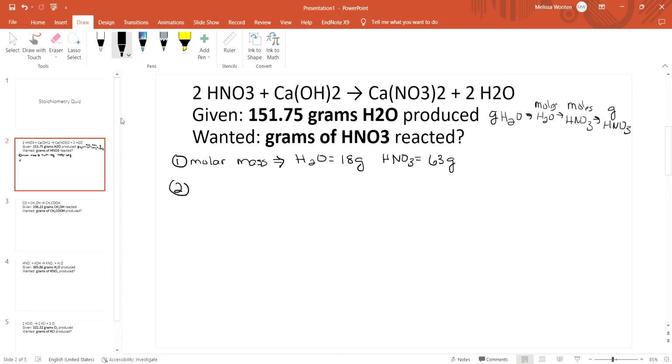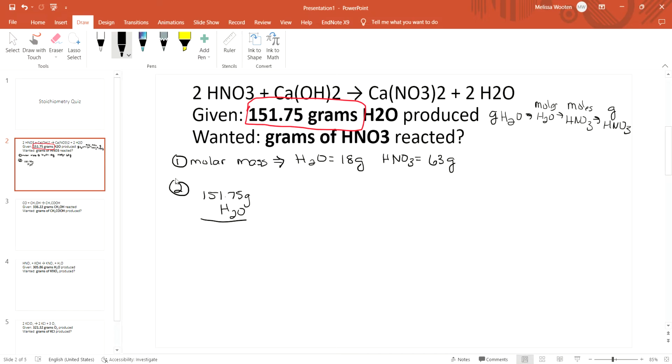Okay. So we're going to do our fence method to go from grams to moles of water to moles of HNO3 to grams of HNO3. So I'm always going to start off with my given, right? This is my given, so that's what I'm starting off with. 151.75 grams of water.